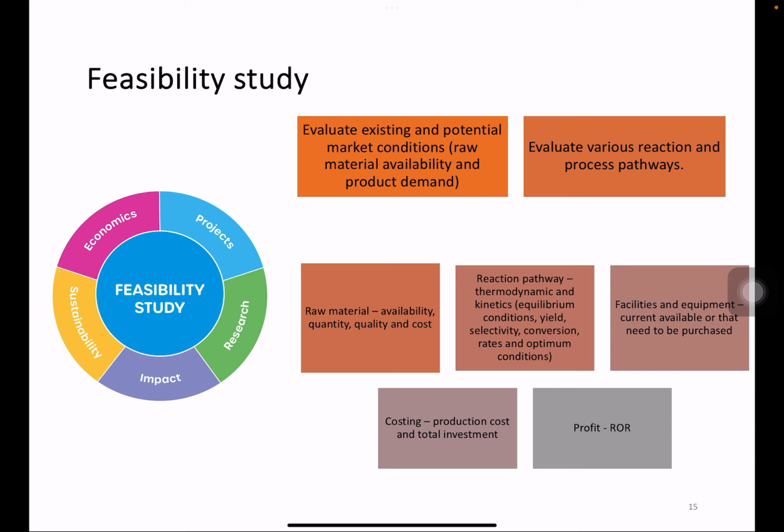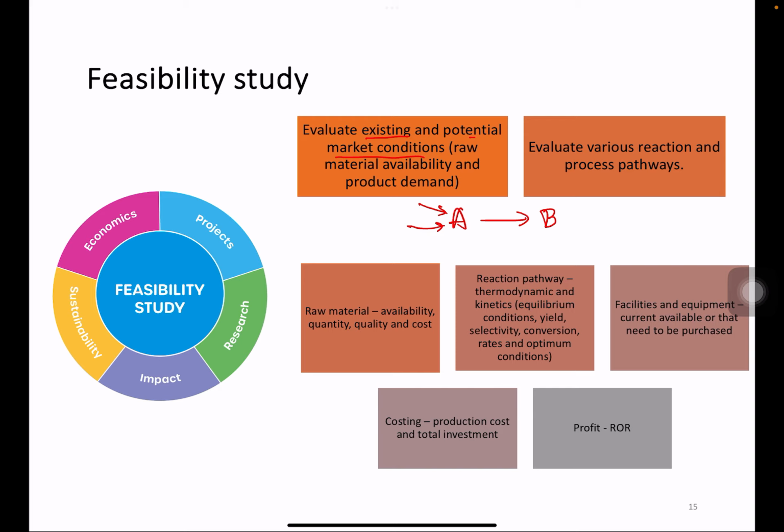Evaluate existing and potential market conditions. So if you want to produce product B using raw material A, you need to look at market availability. Do you have enough raw material?